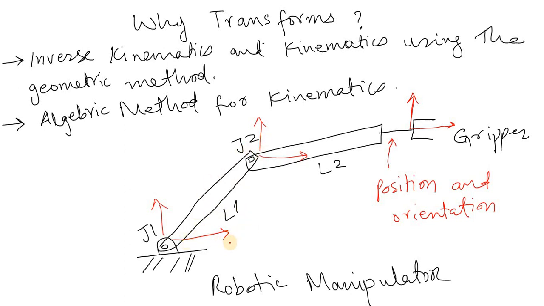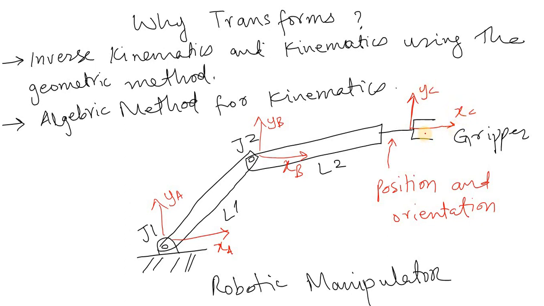Let's say this is frame A, or call it frame 1. This is XA and YA. This is YB and this is XB. This is YC and this is XC.